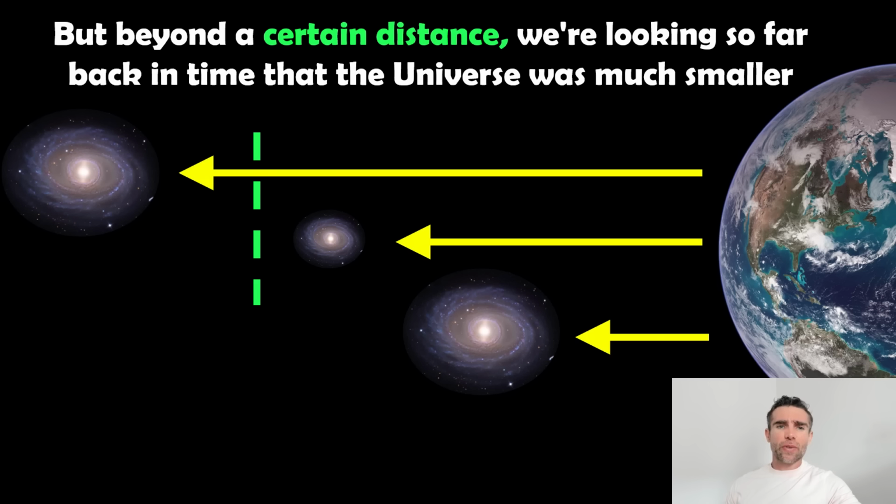Maybe you haven't come across this before, maybe you have. But the key thing here is that the universe was much smaller. We're assuming the universe is expanding. So if we're looking at very, very distant galaxies, when the light was emitted from that galaxy, the universe was considerably smaller. And what that manifests itself as is actually making the galaxy appear bigger. So once we go beyond that distance, galaxies start to get bigger again.